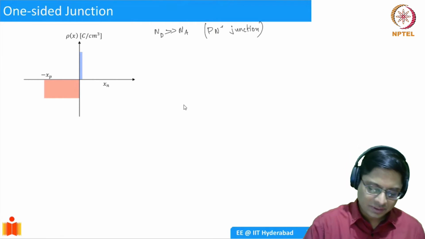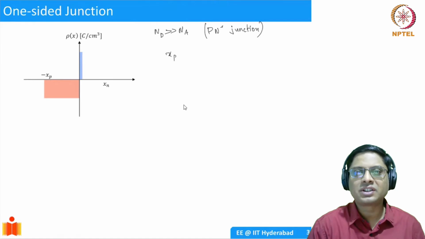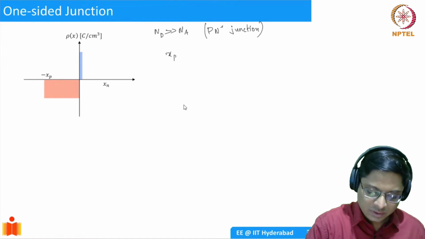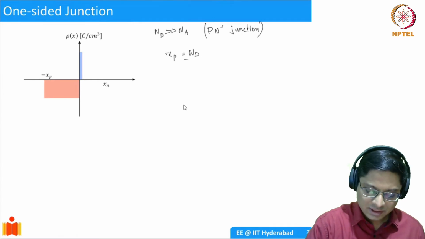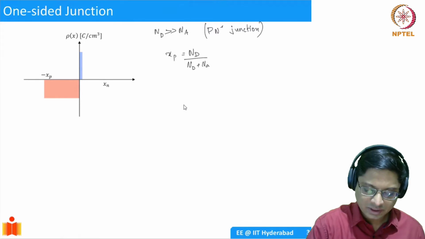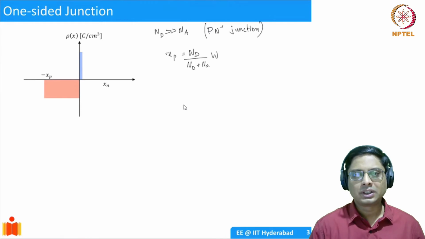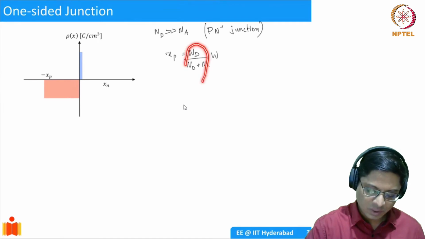In the previous lecture we have seen that XP, the depletion region in the P-type semiconductor, was equal to ND divided by the sum of doping, ND plus NA, times the width of the depletion region. So we saw that whenever ND was large, this expression essentially becomes 1.